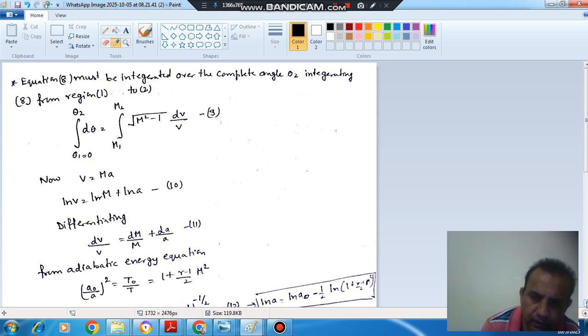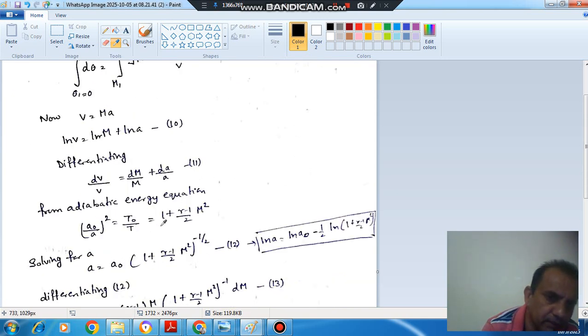Now further, from the energy equation, we have T naught by T equal to 1 plus gamma minus 1 by 2 M square, or we can say a naught by a whole square is this same value, or we can have a equal to a naught, solving this, bracket 1 plus gamma minus 1 by 2 M square, bracket close, raised to the power minus 1 by 2. If we take ln, this will be ln a equal to ln a naught minus 1 by 2 ln of 1 plus gamma minus 1 by 2 M square, bracket close.